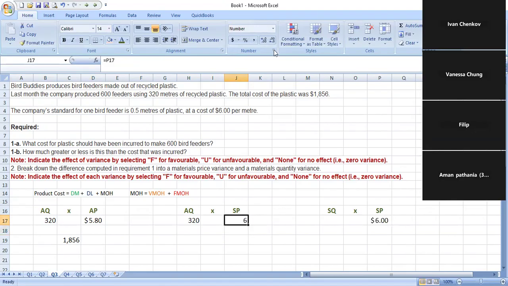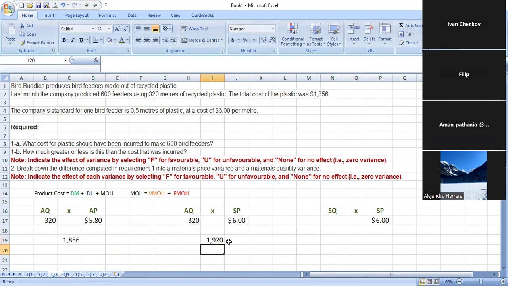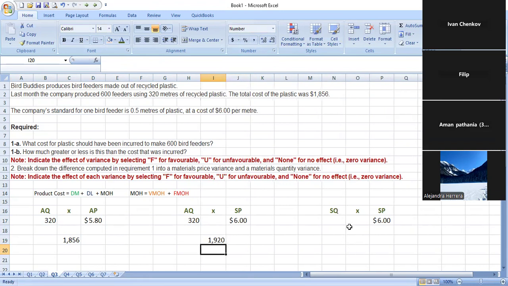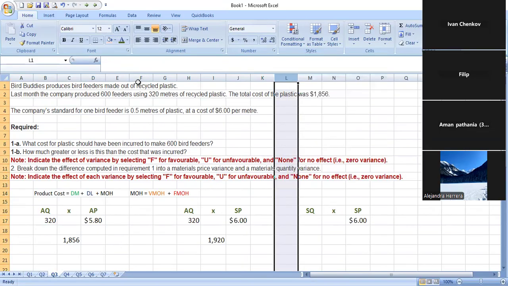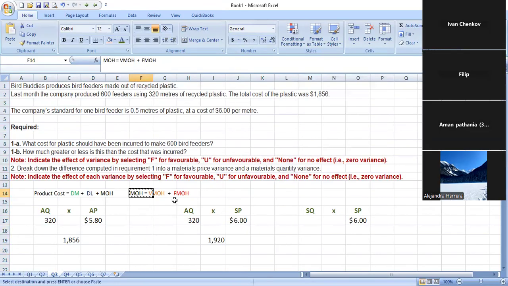And then what we have in here is this one times $6, and we're going to have 1,920. And the last number we have to find out.